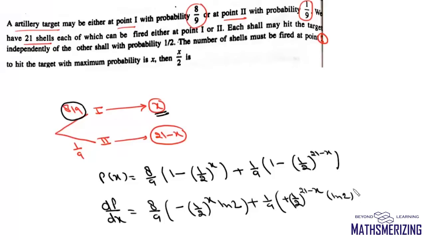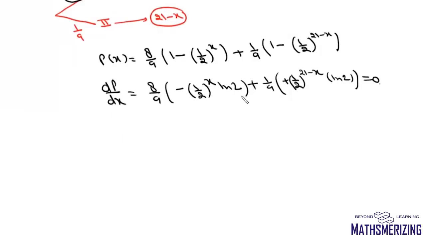So it will be minus minus plus 1 and it should be equal to 0. Now if we put it equal to 0, this 1 by 9 ln 2 will cancel. So we'll get this as 8 into 1 by 2 to the power x. It should be equal to 1 upon 2 to the power 21 minus x.